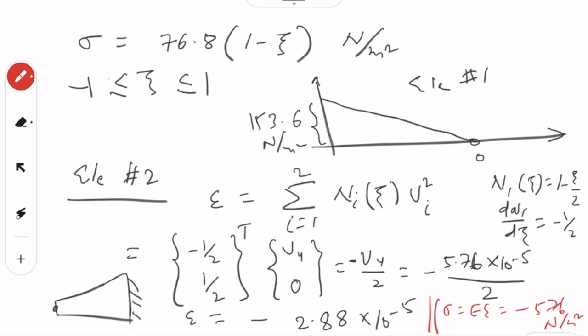Yeah, so if you plot it, this will be somewhere like this one, where the value will be minus 576 Newton per meter square.